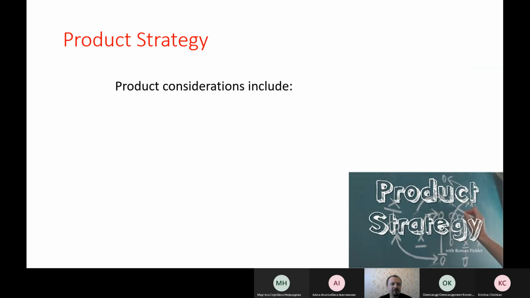Okay. First, product strategy. Generally, when you are analyzing a product, you have to describe the characteristics of the product, and also, what is maybe even more important, why these very characteristics are important for customers.